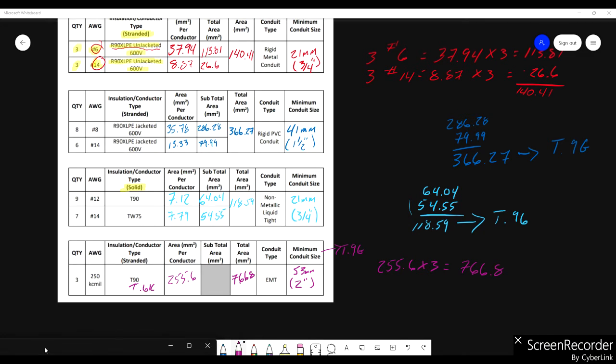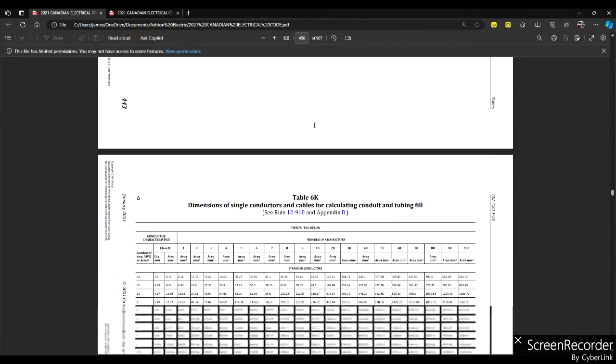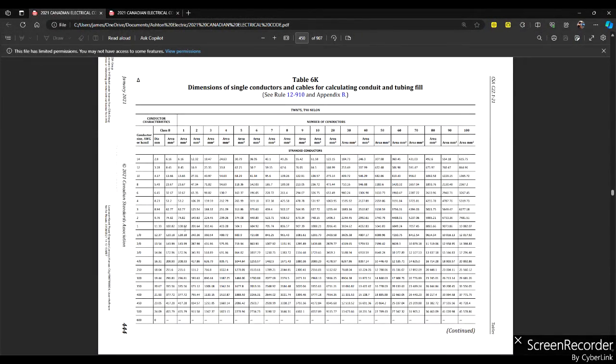Okay, so 6K, we'll go to 6K. So JK, so they were 250 kc mil. So individually, they're 255.6. Okay, we had 3 of them. So if I go over here, you get 766.8. So you take that number, 766.8. Now we're going to go to table 9G.